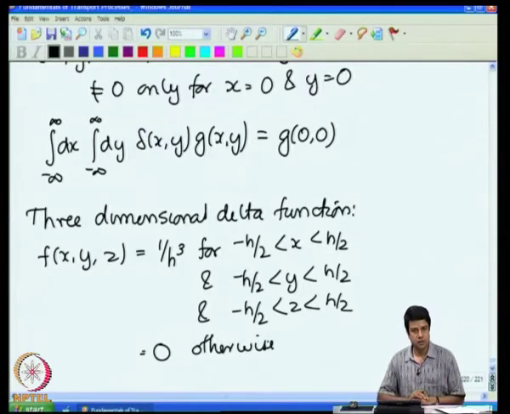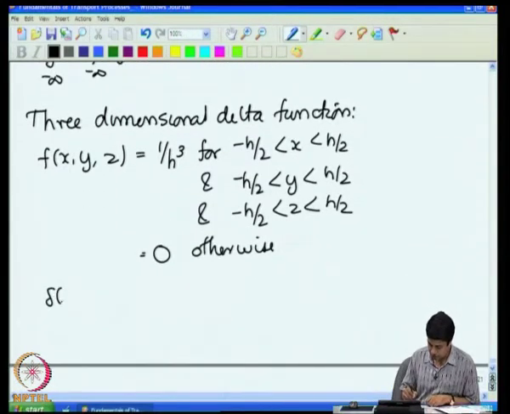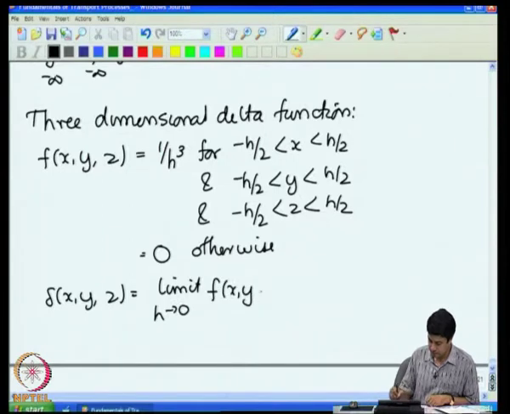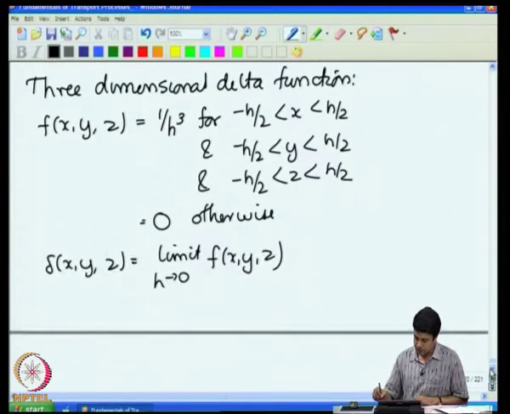So, this is the formal definition of the function f, and the delta function delta of x y z is equal to limit as h goes to 0 of f of x, and it has the following properties.